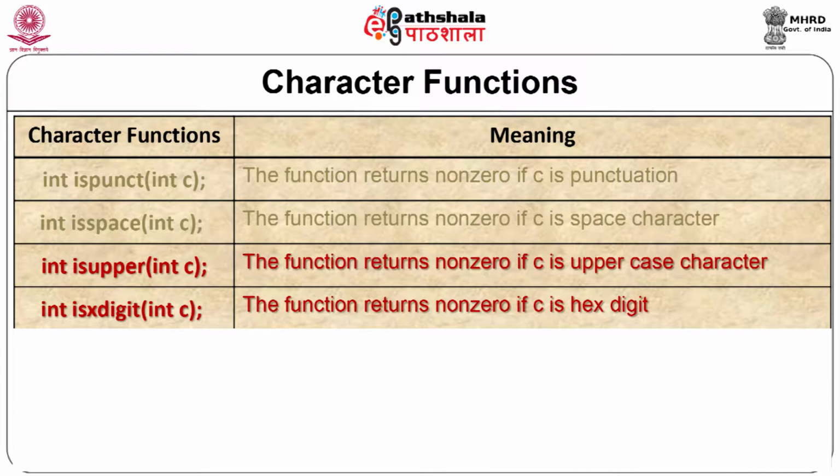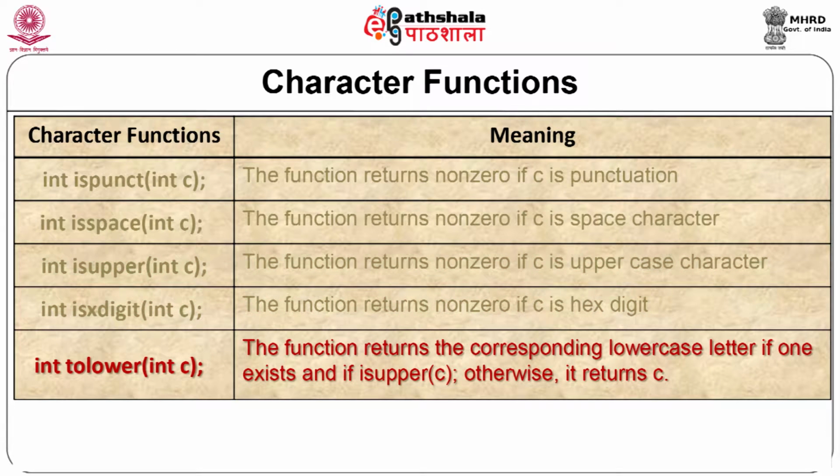The function returns non-zero if c is a hex digit. tolower(int c): the function returns the corresponding lowercase letter if one exists and if isupper is true, otherwise it returns c.